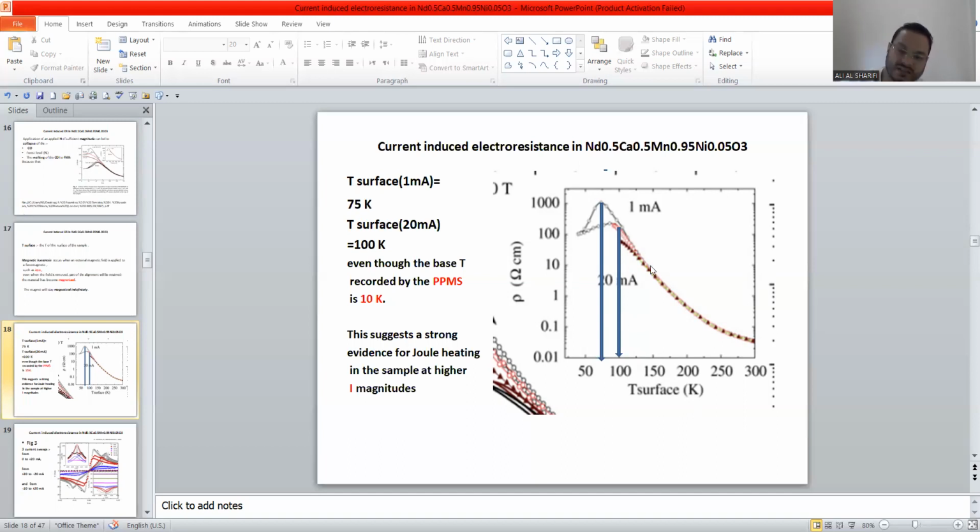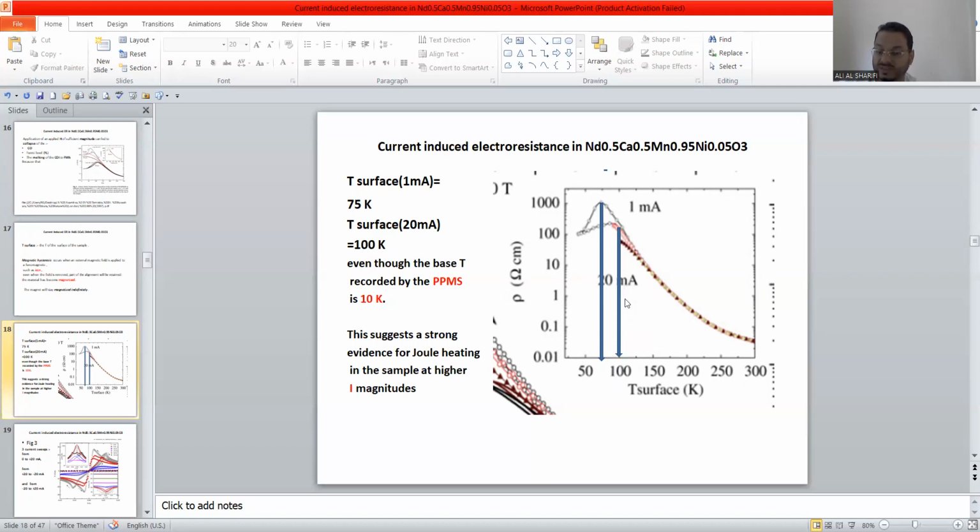Here, at first, at 1 milliampere, the same situation, the resistivity is more than at 20 milliampere. We have hysteresis between, we don't have hysteresis here, I'm sorry. The insulating temperature is approximately 75 Kelvin, but at 20 milliampere it is 100 Kelvin.